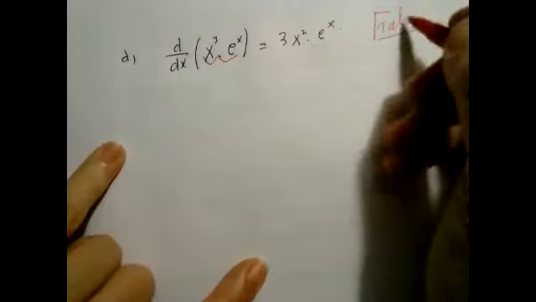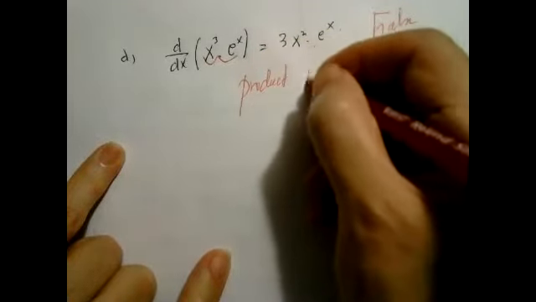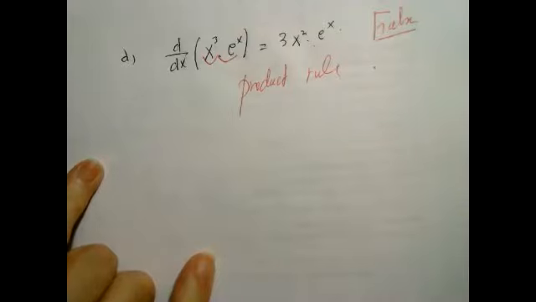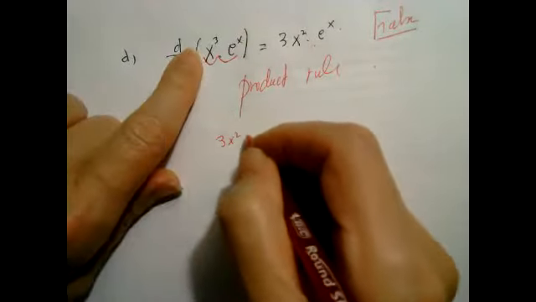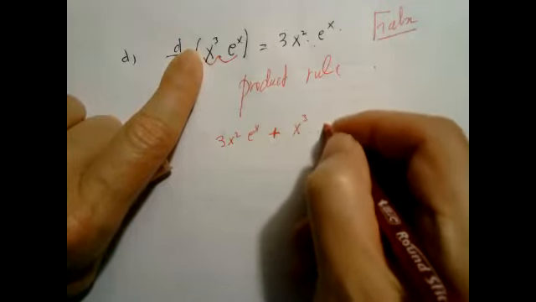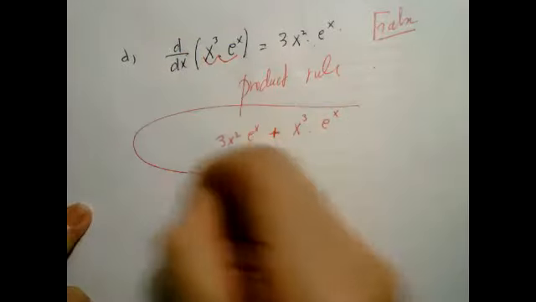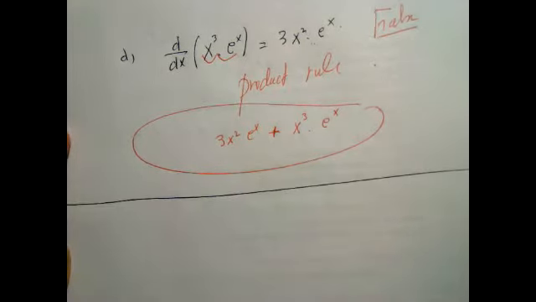So that's absolutely false, because the product rule tells me that it should be 3x squared, the derivative, times e to the x, plus x cubed times e to the x. That's what the derivative should be. All right, we'll look at one more problem, which is 92, and then we proceed.